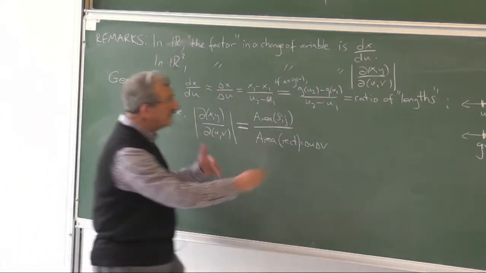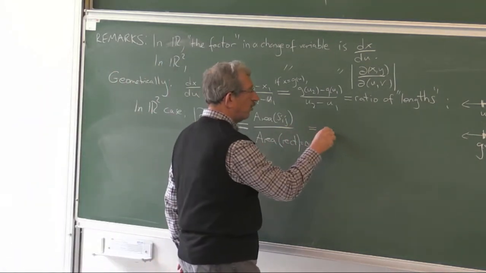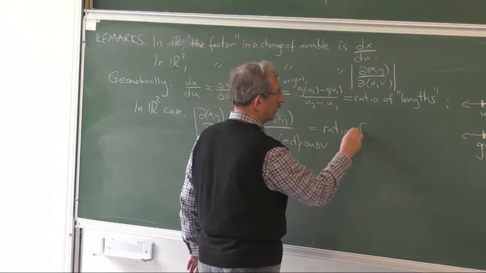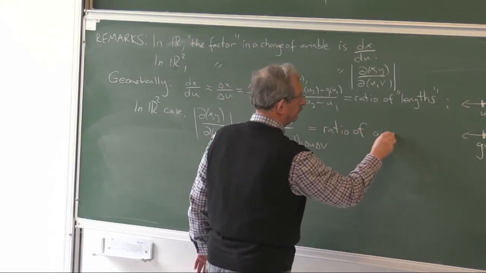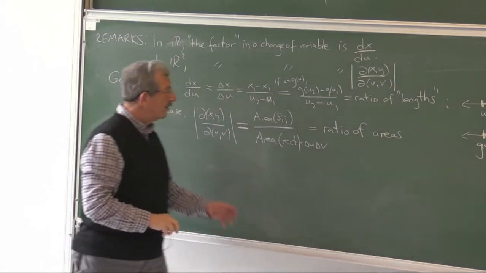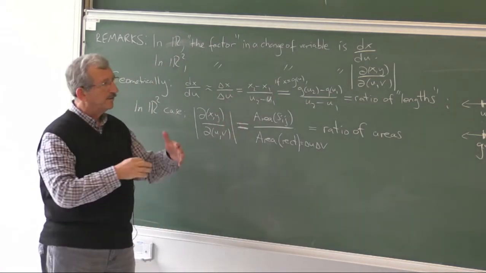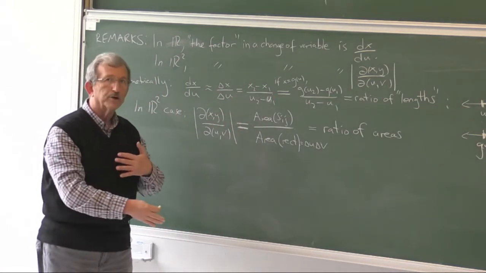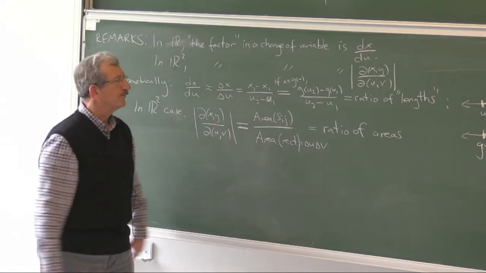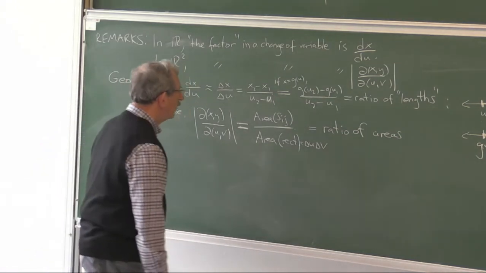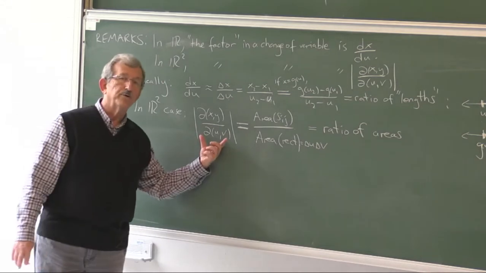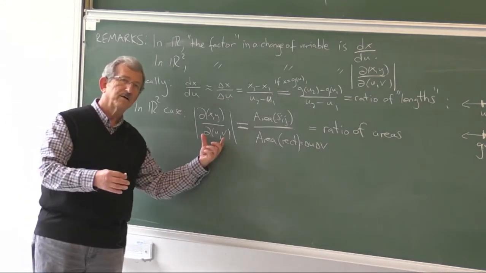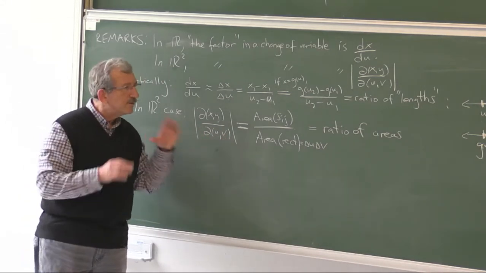So this is then a ratio of areas, before and after the transformation, the substitution. That's why we use absolute value here. But there are more subtle reasons for it, which I will not go into.